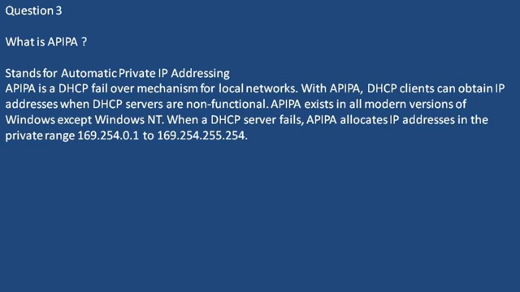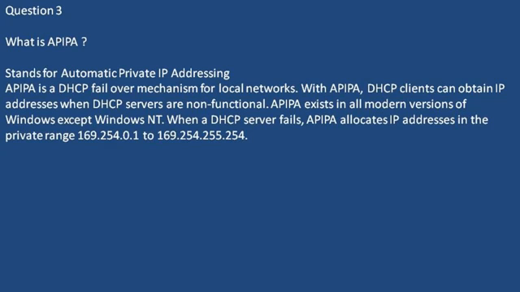Question number 3. What is APIPA? Stands for Automatic Private IP Addressing. APIPA is a DHCP failover mechanism for local networks. With APIPA, DHCP clients can obtain IP addresses when DHCP servers are non-functional.